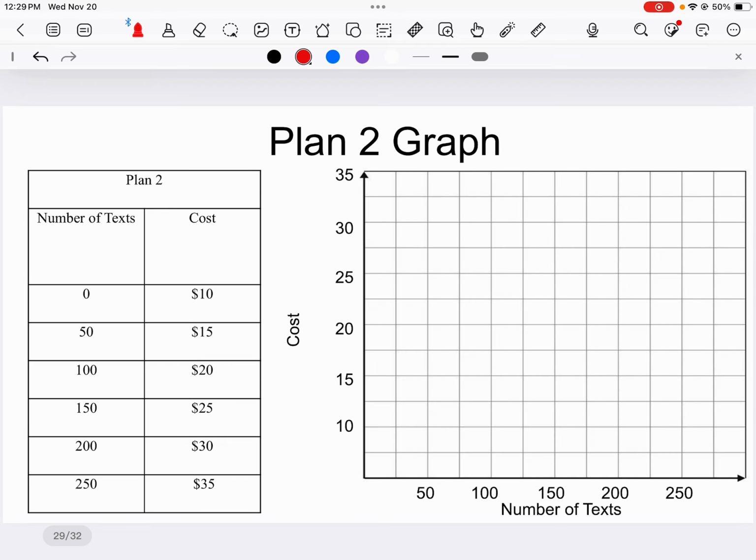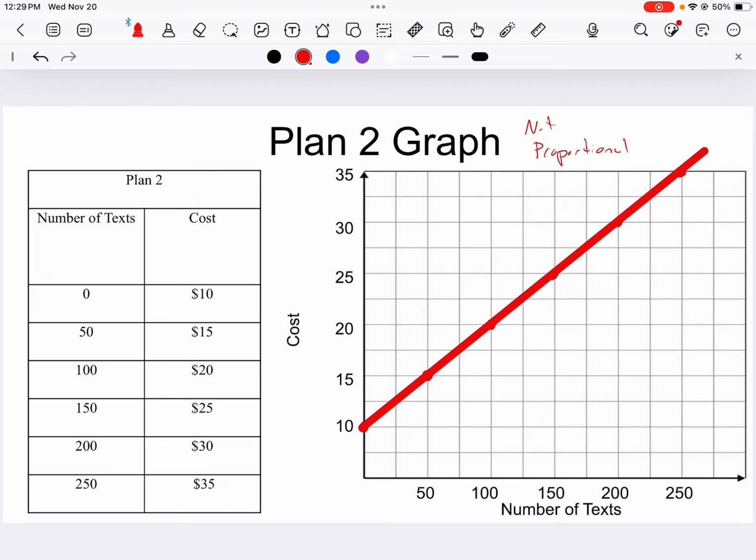Plan 2 now, which was not proportional, the graph should look different. So 0 text is $10, 50 text is $15, 100 text is $20, 150 text is $25, 200 is $30, and 250 is $35.